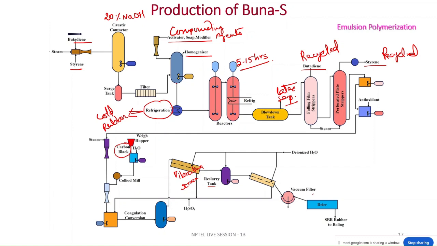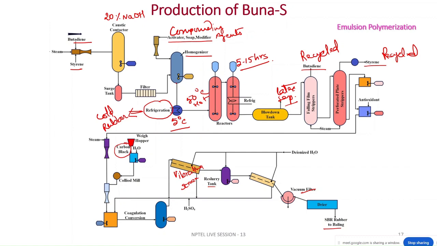It is further fed to the vacuum filter for solid-liquid separation and then passed through the dryer to form the SBR rubber, followed by baling. The whole process is the same for the cold rubber and hot rubber processes. For cold rubber, it is cooled to 5 degrees Celsius, and for hot rubber, it is 50 degrees Celsius. Otherwise, the whole process is the same.